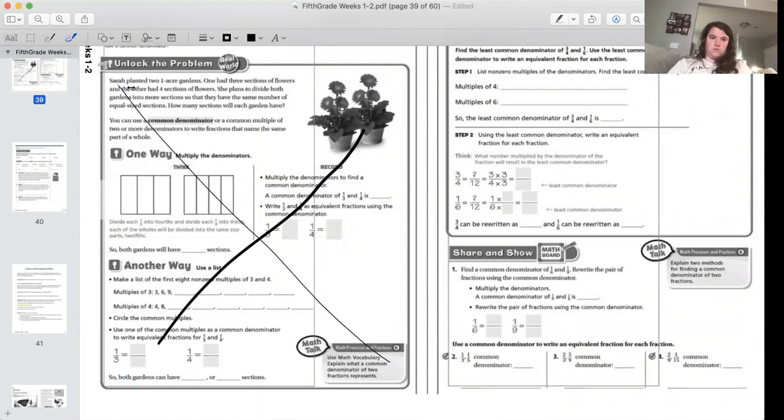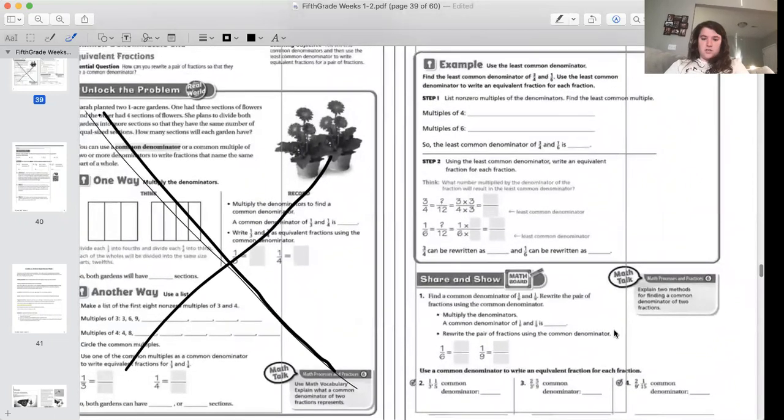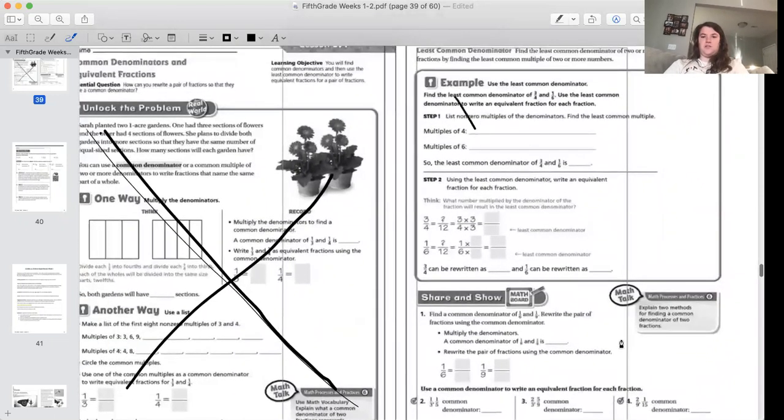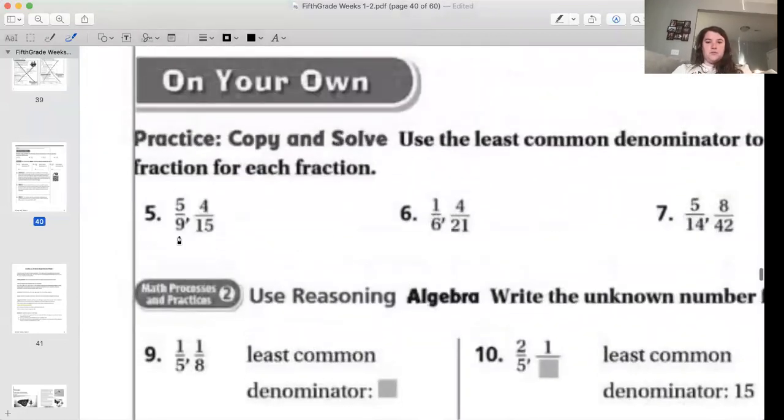And then the second page, I'm actually going to let you cross out too, and we're just going to do the third page together. You've been doing most of this stuff already anyways, so I don't really see the need to do it all. So we are going to go to number 5.